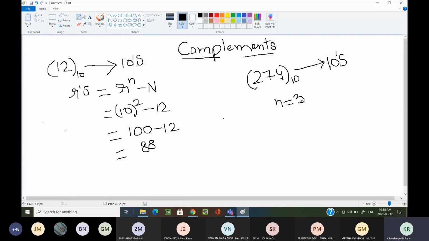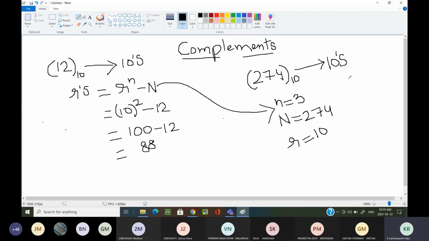Small n here is equal to 3, capital N is equal to 274, and the radix r is equal to 10. Am I clear, everyone? Yes, sir. You can apply this formula using these values and you will get the solution.